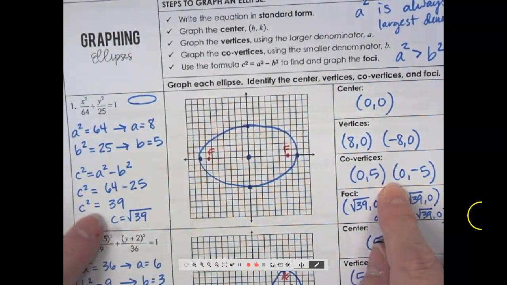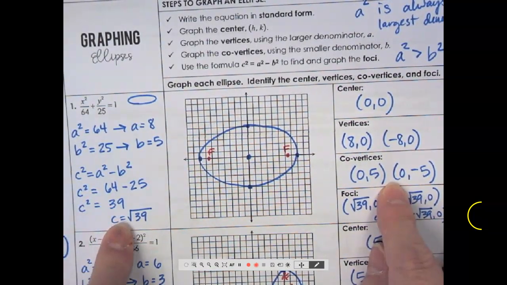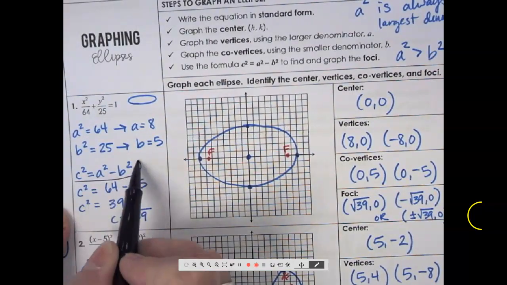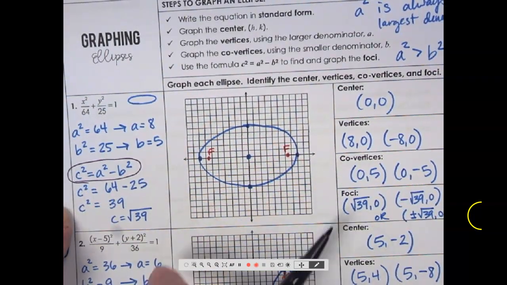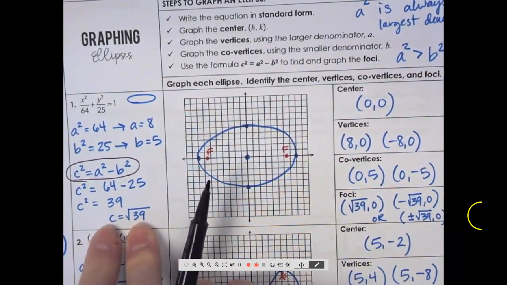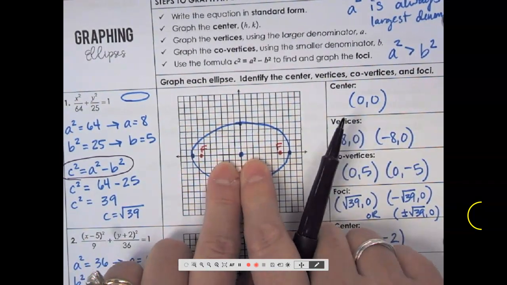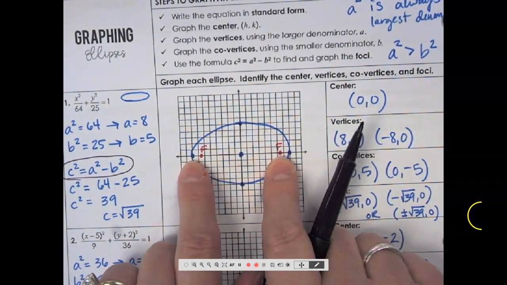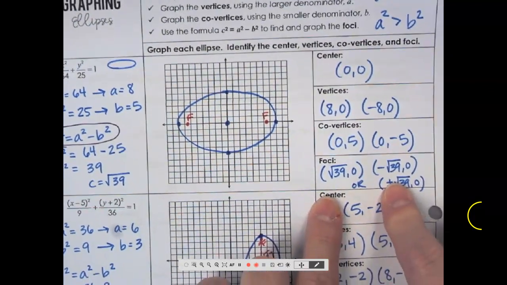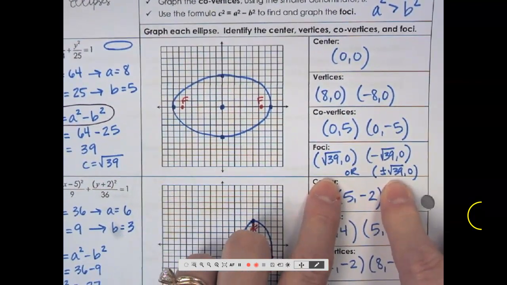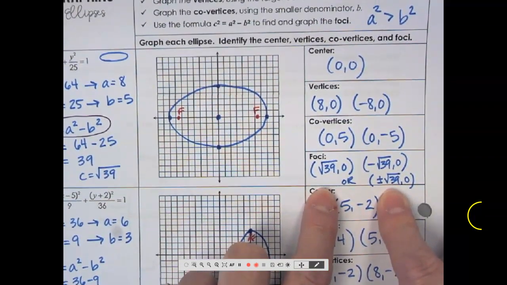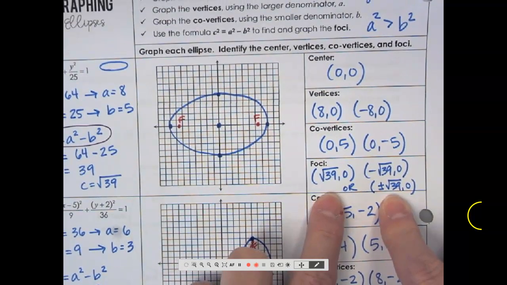And then we have to find that c value by using c squared equals a squared minus b squared. And that's the distance to the focus. Since I'm going left and right, I will add that to the x coordinate. It changes the x coordinate, but not the y coordinate of the center. Were you here Friday?